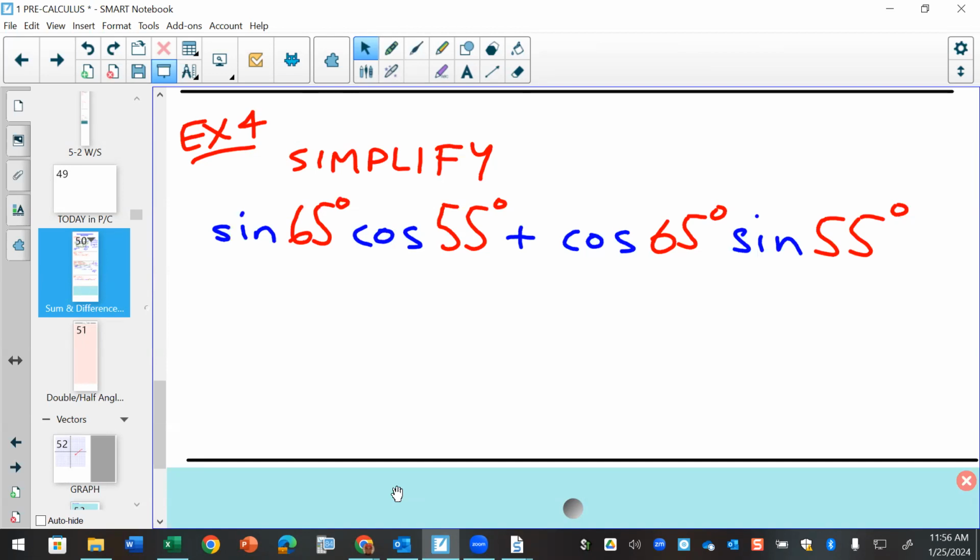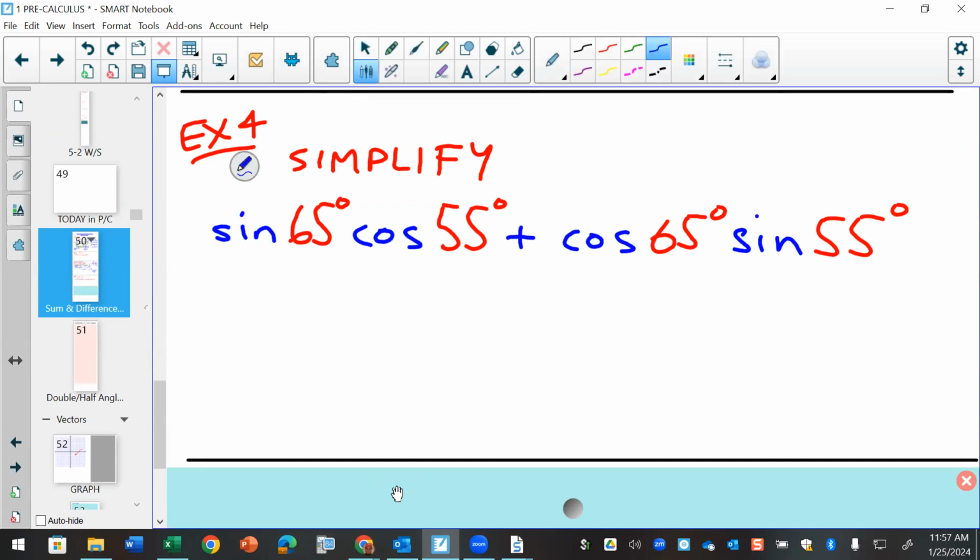All right. Okay. So this one, simplify. Does it look familiar? Which identity is this guy? Sine, cosine plus cosine, sine. So that is sine plus.